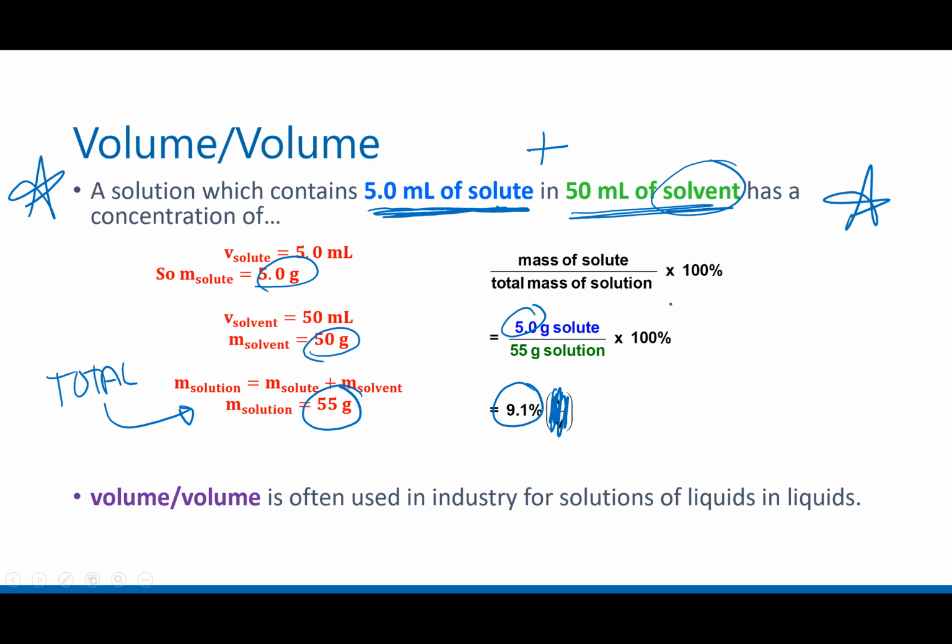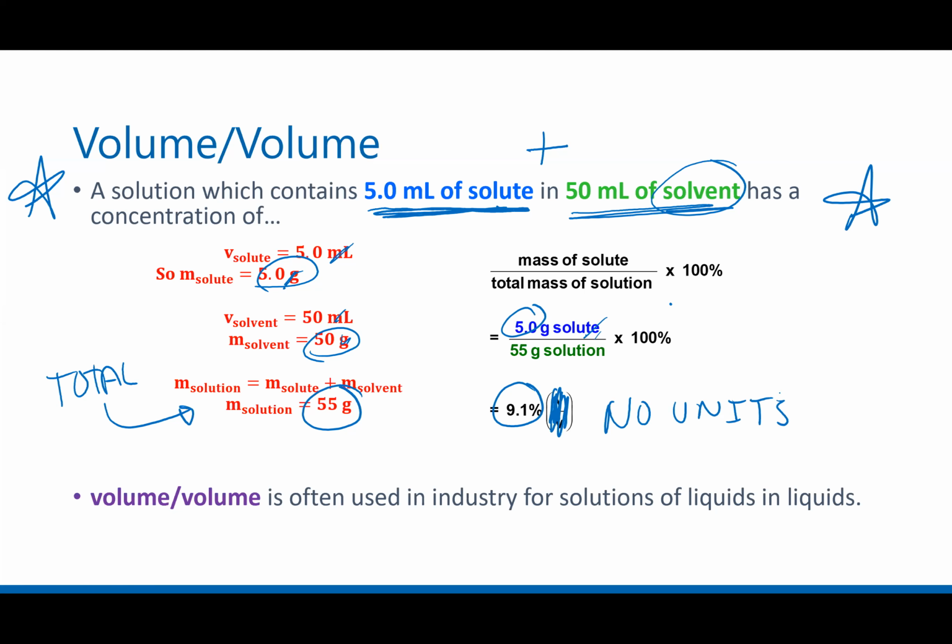Okay, that's a really good question. So Aman asked in the chat, in the test, do we have to show that we change milliliters to grams? Absolutely not. You don't even need to show me these units because the units always cancel. You'll notice there are no units for these questions.